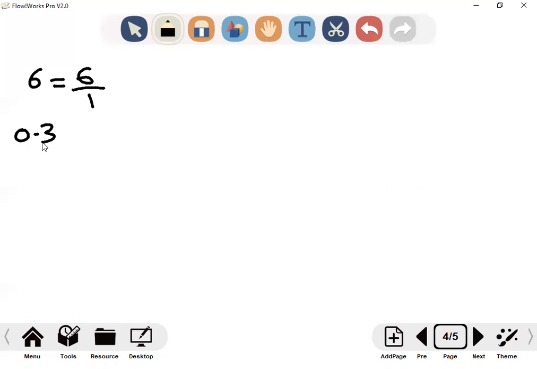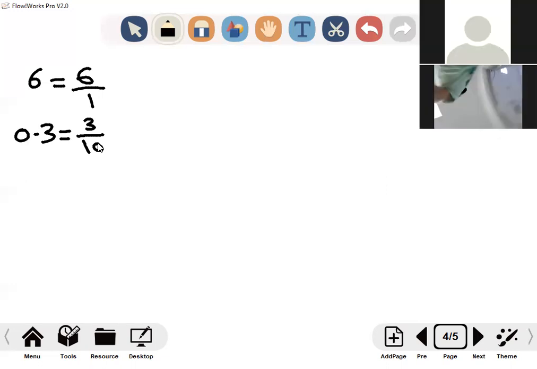Excellent. This is equal to 3 over 10. How to turn a decimal to a fraction? We did that before, right? Is 3 an integer? Is 10 an integer? Yes. So 0.3 is also a rational number. So here we have a rational number and here we have a rational number.